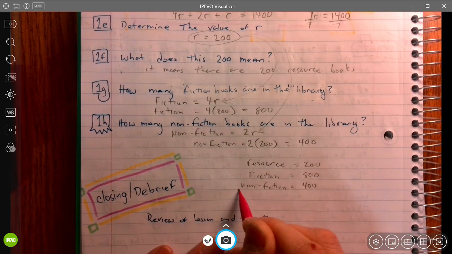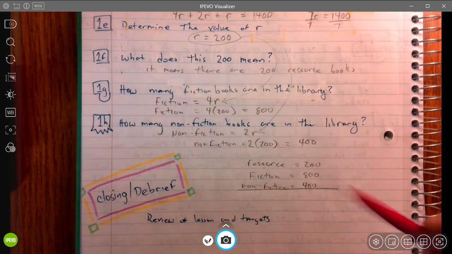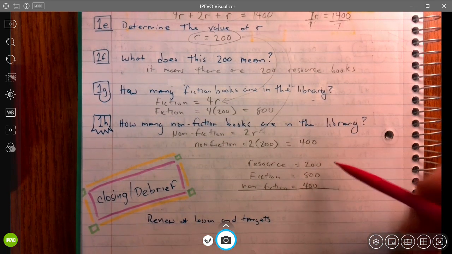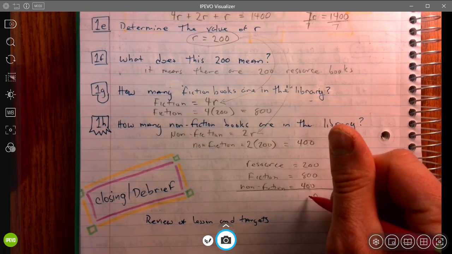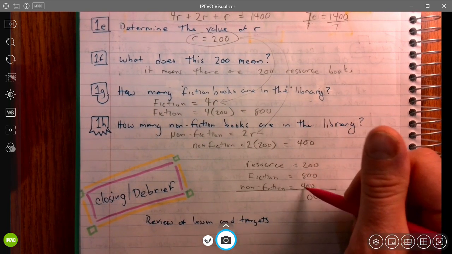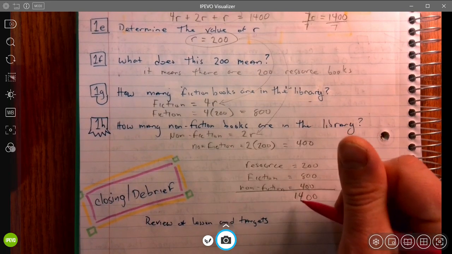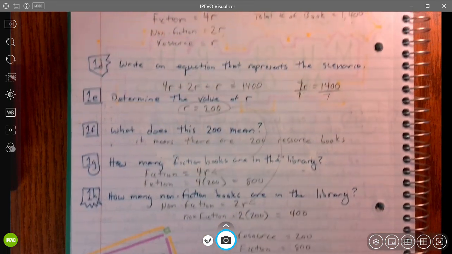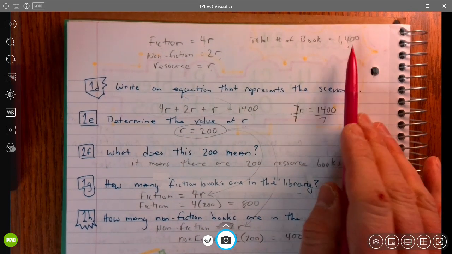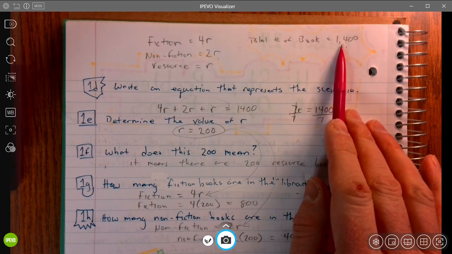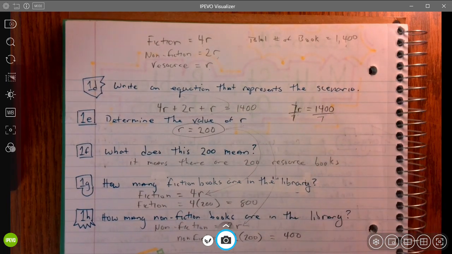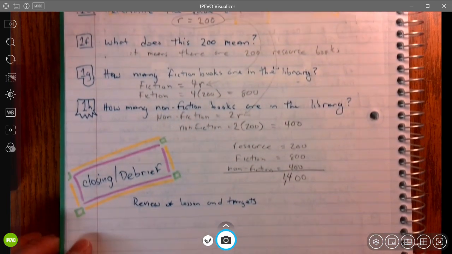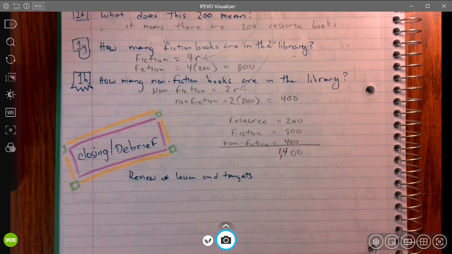Well, let's add these three together and see what we get. That's 0, 0, 2 plus 8 is 10, plus another 4 is 14, 1,400. And that 1,400, does that match the 1,400 that was given in the initial problem? It sure does. So we can be pretty sure that we did this problem correctly.